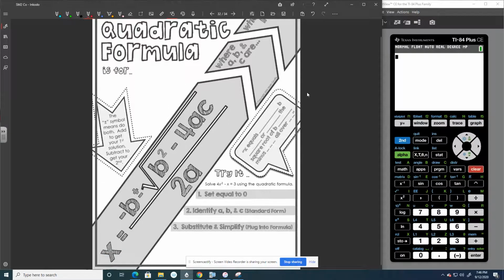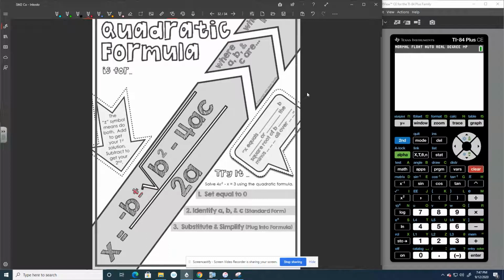The nice thing is the quadratic formula, which is this great big formula right here, x equals negative b plus and minus the square root of b squared minus 4ac, all divided by 2a. That great big formula will always work in helping you to solve quadratics, even when you can't factor.